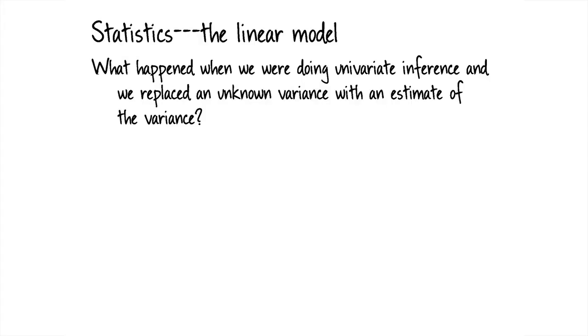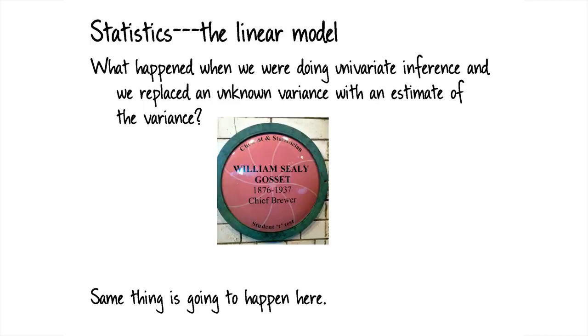The standardized sample mean had a standard normal distribution, but we actually didn't know what the variance was, and we replaced it with an estimate for the variance. What happened? You guys remember? T-distribution, right?